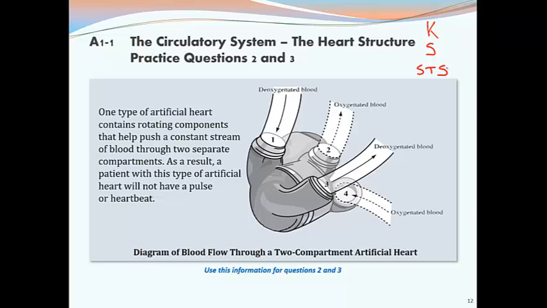The STS outcomes, this would be a technology example of looking at this heart. What we as teachers do is we can't highlight every type of societal issue or technological advancement, but we try to get students to analyze these types of questions so that they can be successful at synthesizing information and reading a new diagram that they've never seen and breaking it down.